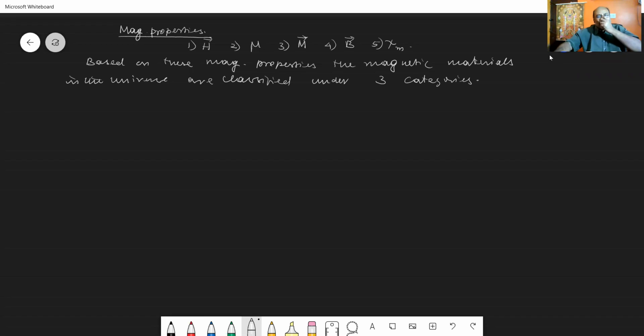What are the three broad categories on which the magnetic materials are classified? They are classified based on these properties. The classifications are: number one, diamagnetic material.